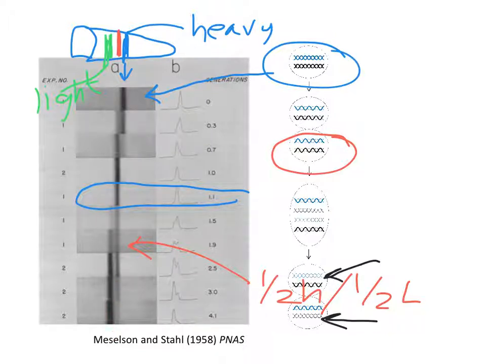And of course, that just keeps getting darker and darker. If we're talking about humans, by the time you get to be 1 trillion cells, you've only got 4 of those original strands, 2 double helices. So all of the DNA in your body by this point has been synthesized fresh since you were conceived.